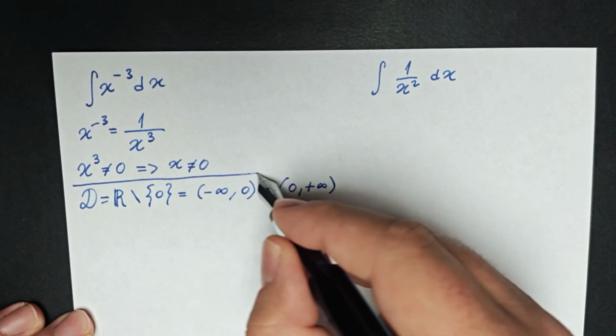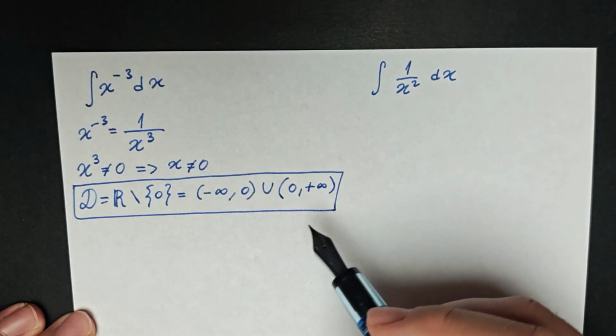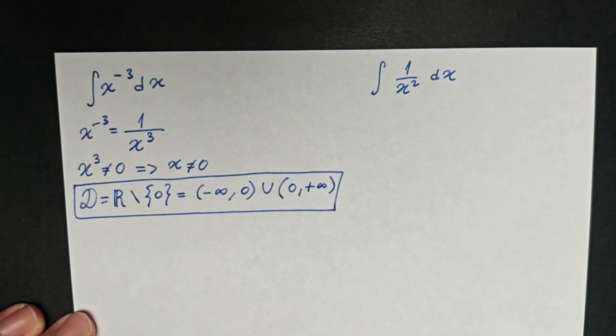Now that we have an area in which the integral is defined, we can focus on solving the integral. In this integral, we have a negative power, x raised to the power of negative 3. Here also we can use a power rule. We can use a power rule as long as that power is not negative 1.